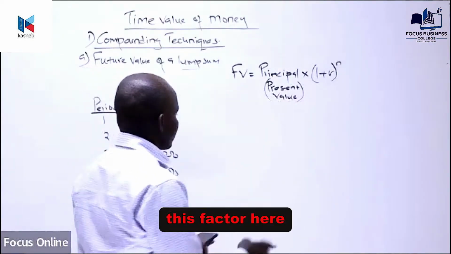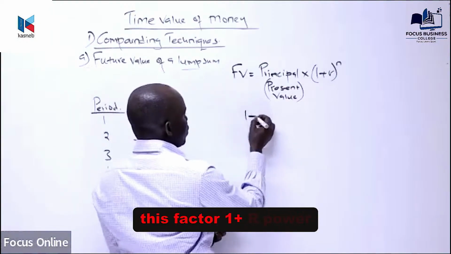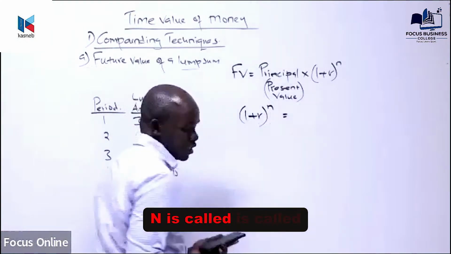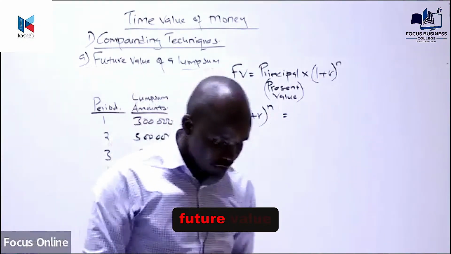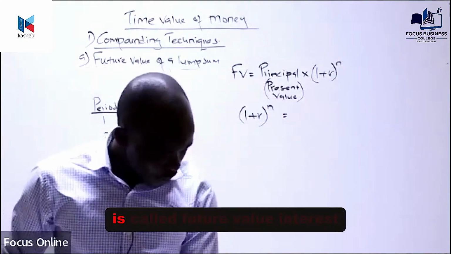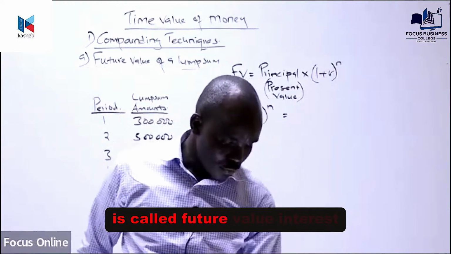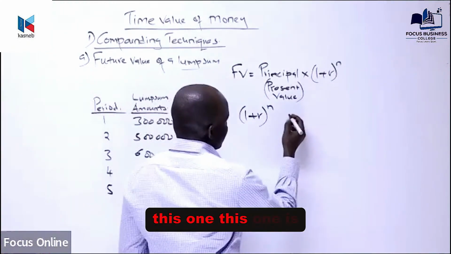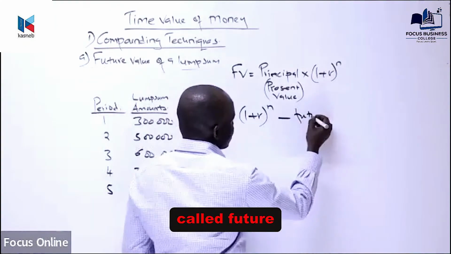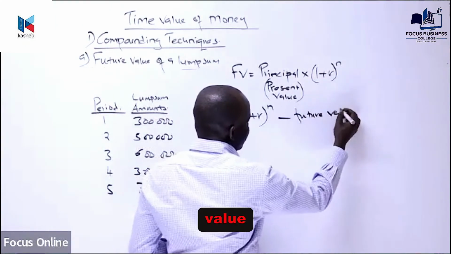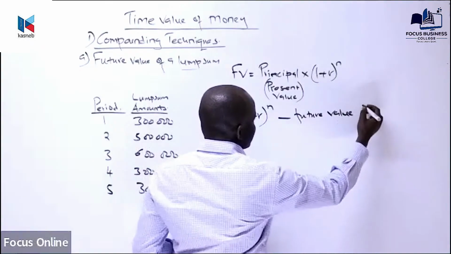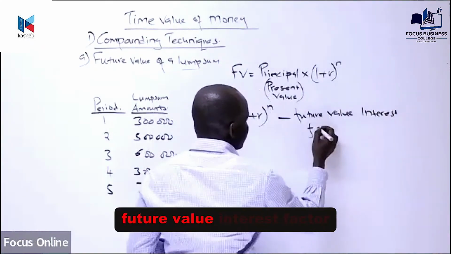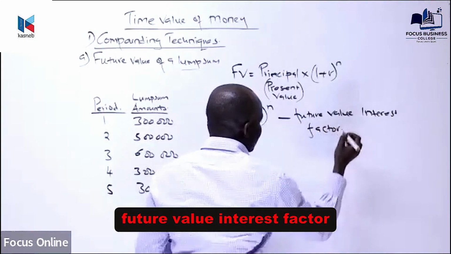This factor here, 1 plus R power n, is called what? It is called the future value interest factor.